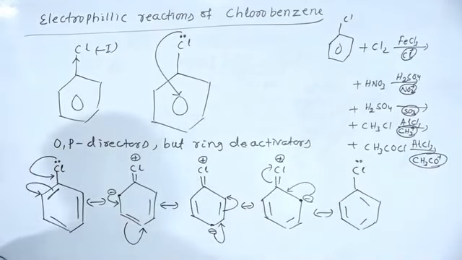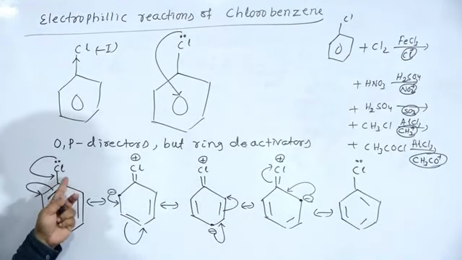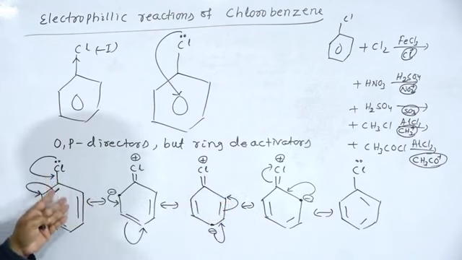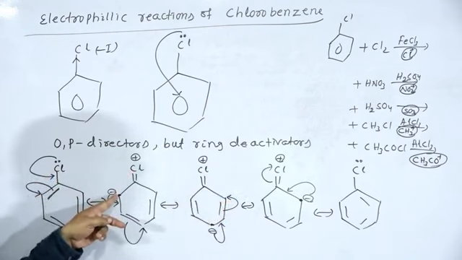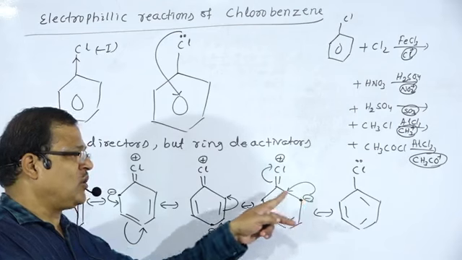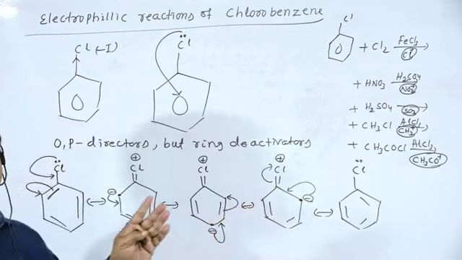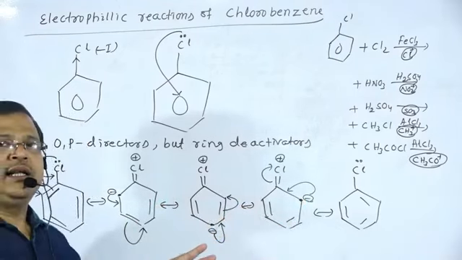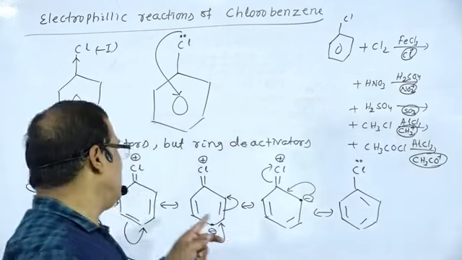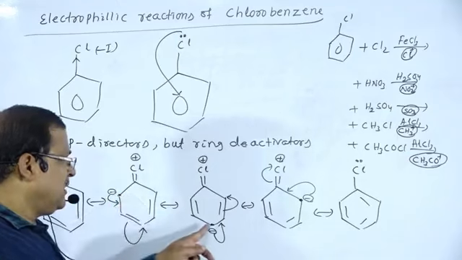So mark this in the case of halogens. If you write down the resonance structures of chlorobenzene, electron density becomes more at the ortho, para, and other ortho position. So the ortho and para positions acquire negative charge, which means the positively charged electrophiles will be directed to enter at the ortho or para position.